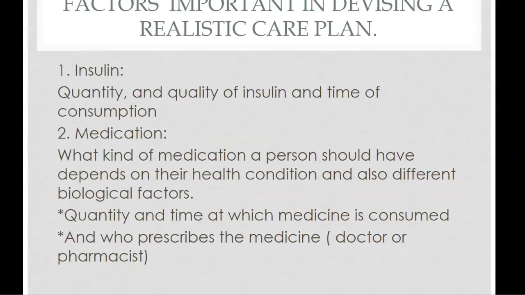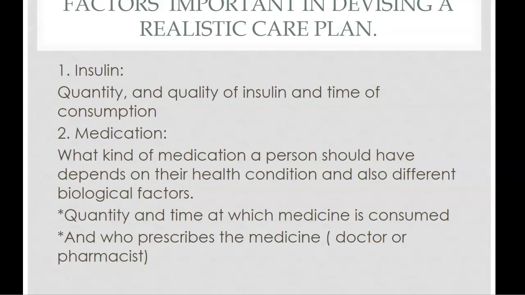The factors important in devising a realistic care plan. The first thing is insulin. The quantity and quality of insulin should be monitored, and it should be consumed on time and in the prescribed dosage.